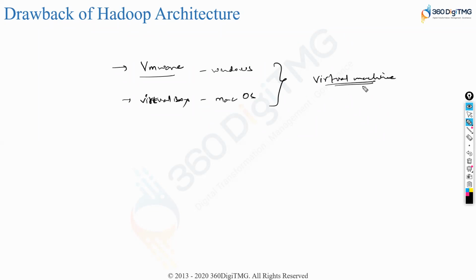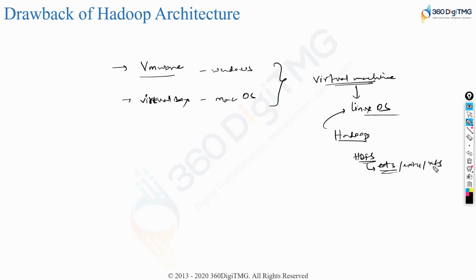Now, in this virtual machine, once we create it, we will install the Linux operating system. Because the Hadoop software that we are going to work with has to be installed on Linux, because the commands that we are going to run on HDFS are designed to work with the distributed file system, which actually works with the underlying Linux operating system only.